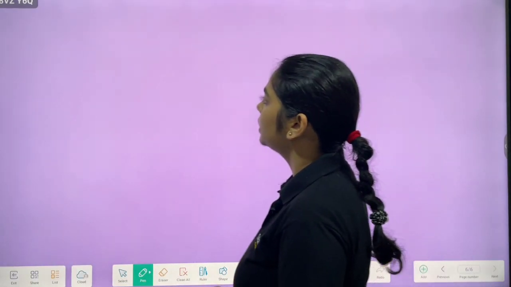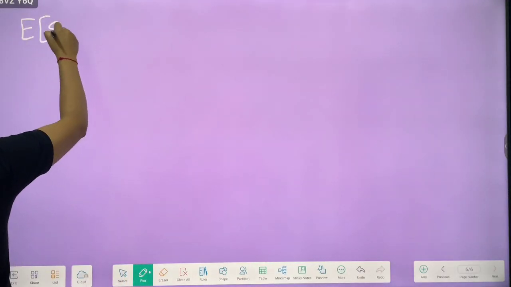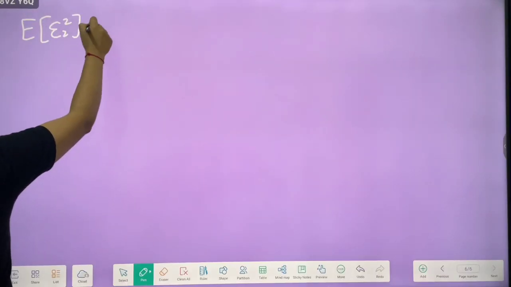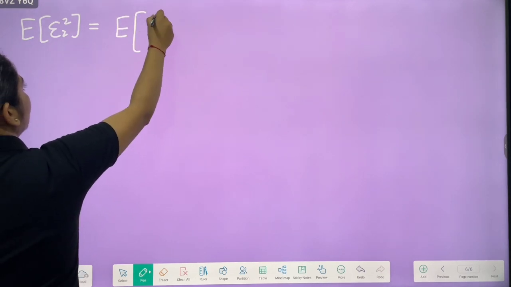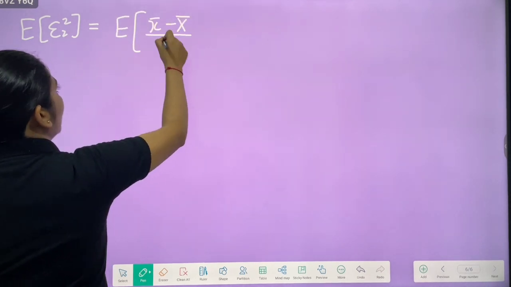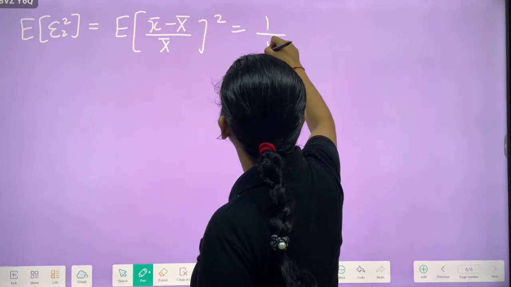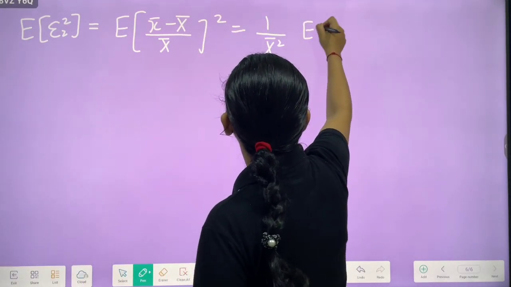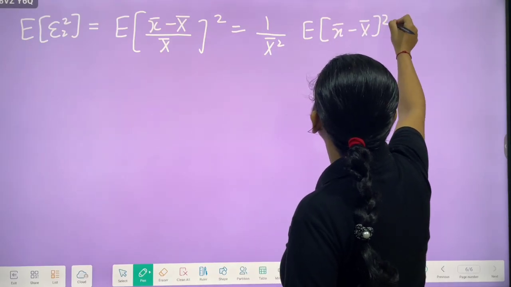And similarly, if we calculate for estimation of epsilon 2 whole square, then it will be estimation of x bar minus capital X bar upon capital X bar whole square. This is nothing but 1 upon capital X bar whole square, estimation of x bar minus capital X bar whole square.